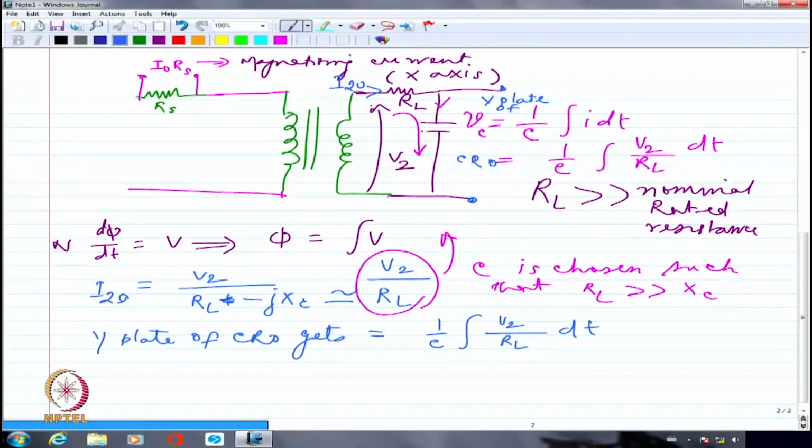So what we do in the BH loop experiment is to send this to the Y plate and this to the X plate. What I am getting in the X plate is not really H and not even IM in amperes. It is rather IM multiplied by whatever series resistance I have got.